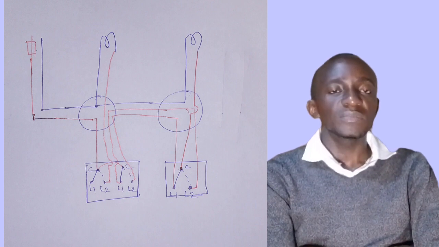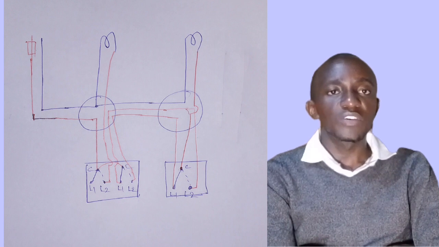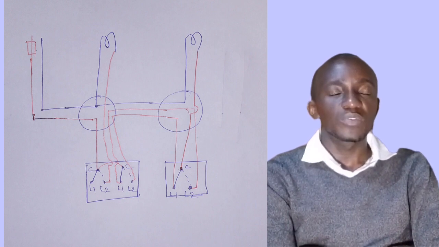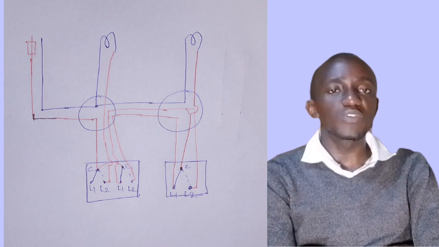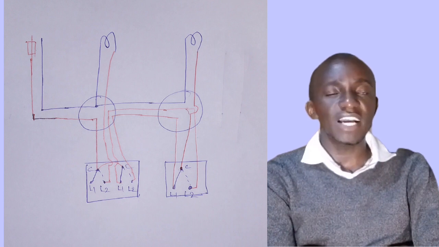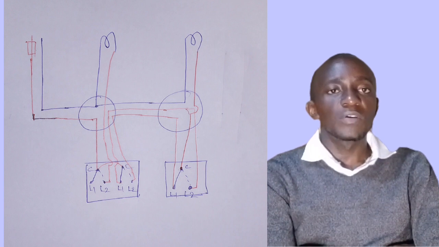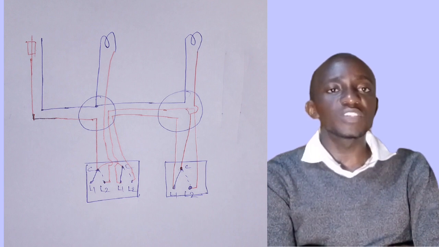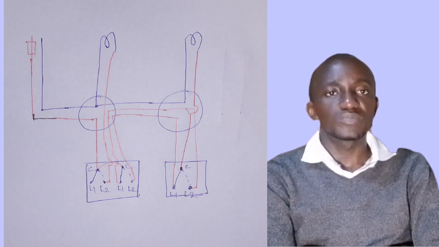Then we know that these are two-way switches, so they have L1 and L2. So in 2 gang, we have L1 and L2 for the first gang and L1 and L2 for the second gang. For the system which needs a one-way switching system, you are just going to ignore either L1 or L2 of that gang and connect either L1 or L2.